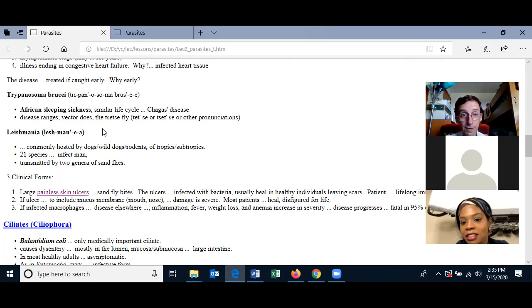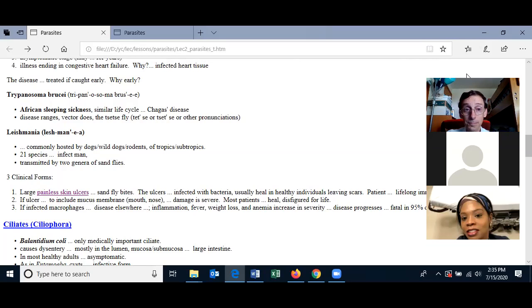The difference is that when patients have African sleeping sickness, the parasite lives in the human, gets into the neural cells, and especially the brain, and causes the patient to sleep. And then the end is the patient literally sleeps to death. Any questions about that?